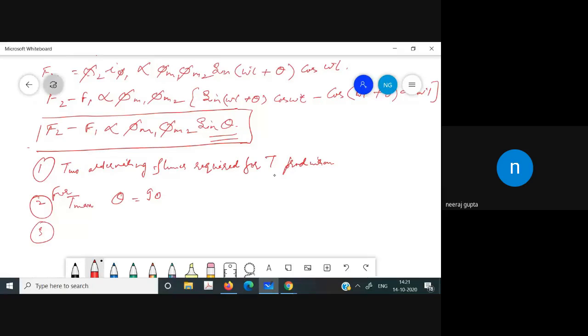Third conclusion that can be drawn out of that is that the resultant, you will see that this time factor is not coming into picture. We have the theta only. So it is not a function of time.